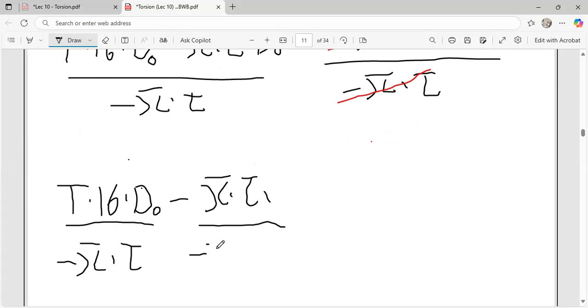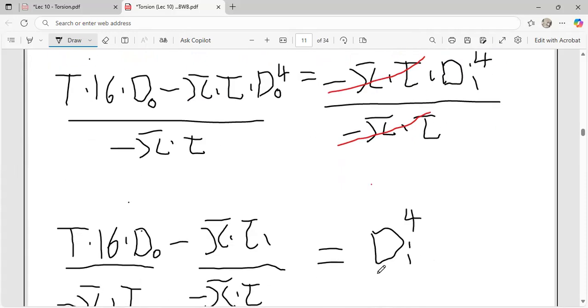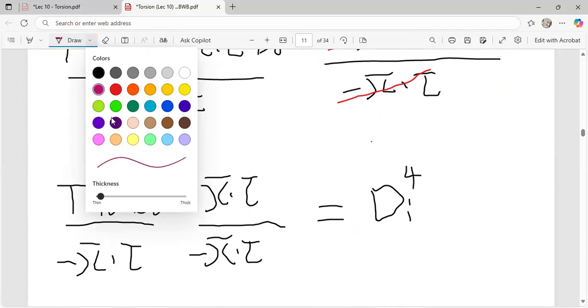Whatever you are seeing at the top is the same as this. So this was Di exponent 4. Good. Because these have been cancelled, this is the same as this. Don't get confused. So from here, what is going to happen?